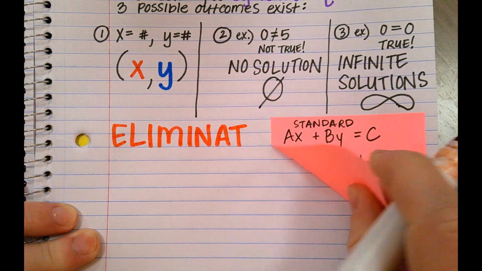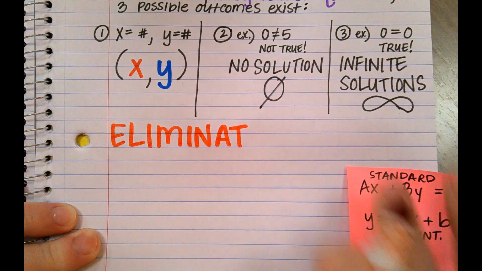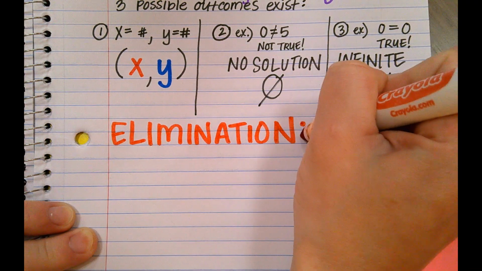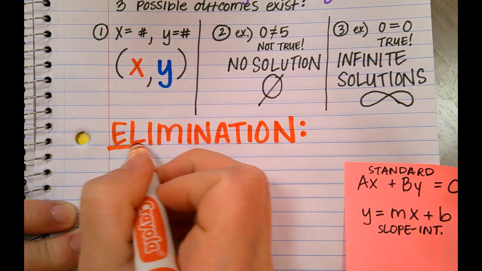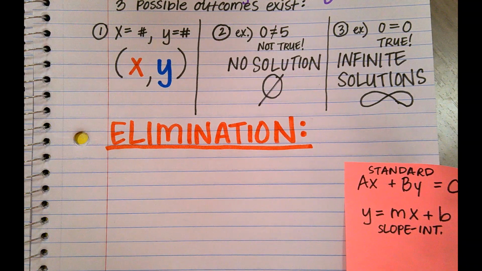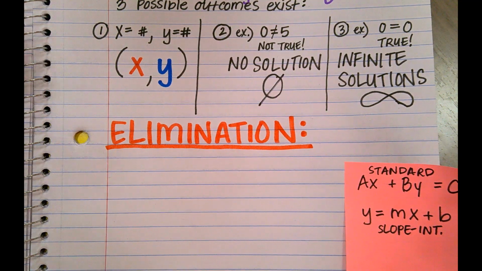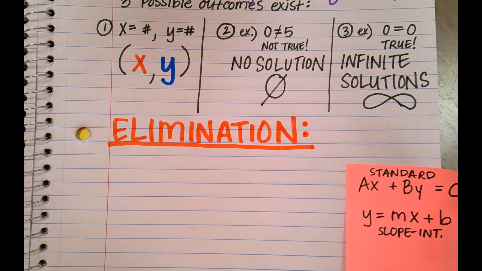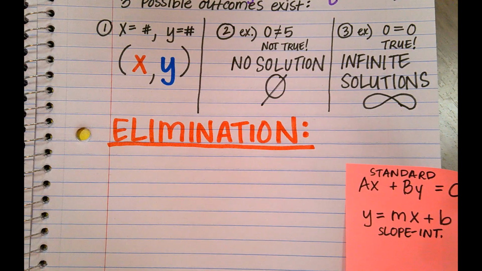E-L-I-M-I-N-A-T-E. Elimination. And I will give you an example of a system that can be solved by elimination. Let's pull one up real quick. You get make one up on the spot, do it wrong.